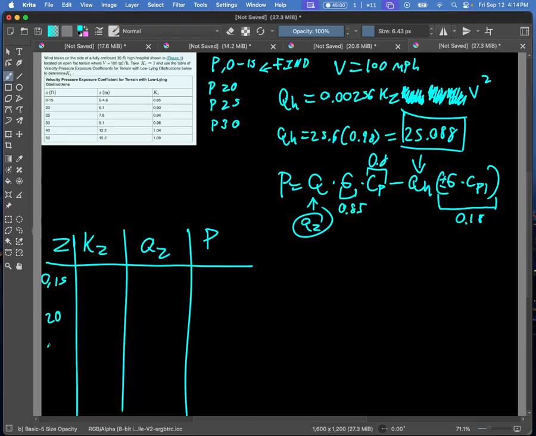We have 20, 25, 30. So the KZs you can find here, 0 to 15, so this is 0.85. 20 is going to be 0.9, 0.94, 0.98.